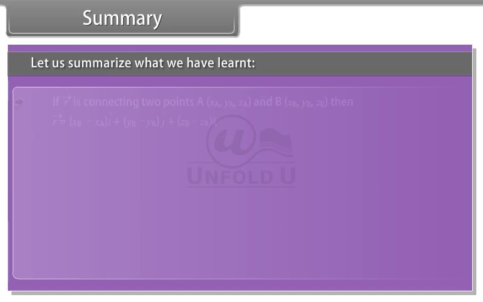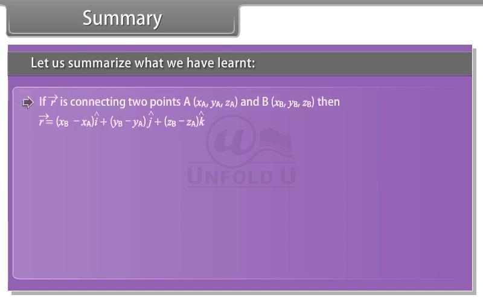If vector R is connecting 2 points A (xa, ya, za) and B (xb, yb, zb), then vector R is equal to (xb minus xa) cap i plus (yb minus ya) cap j plus (zb minus za) cap k.